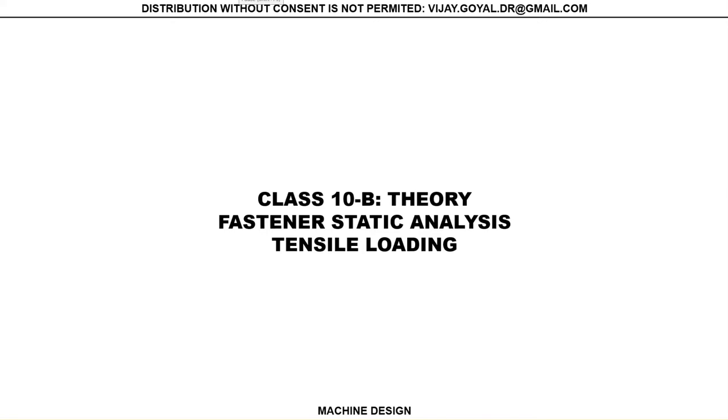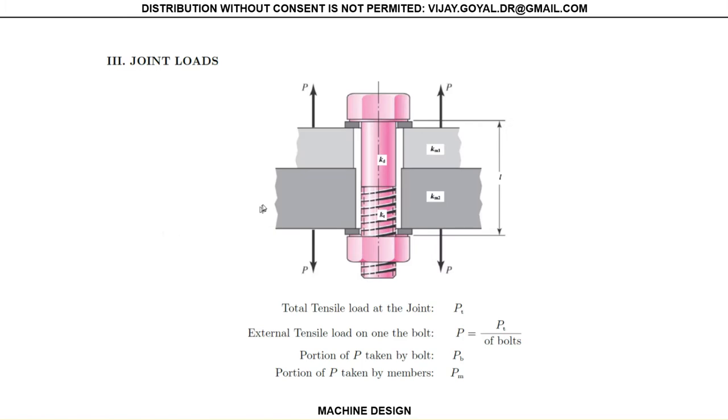So in this lecture, we will talk about the fastener static analysis for tensile loading only. In this particular case, you can think that when I have a load applied, this load is going to translate into two loads.